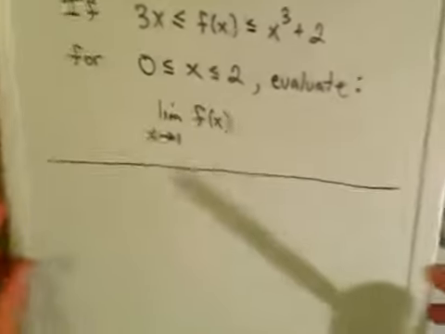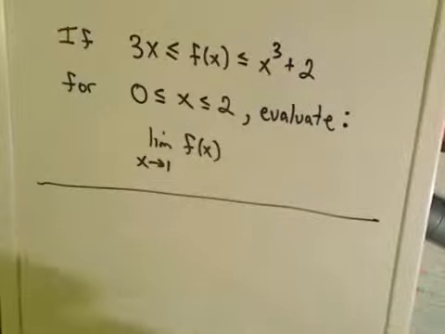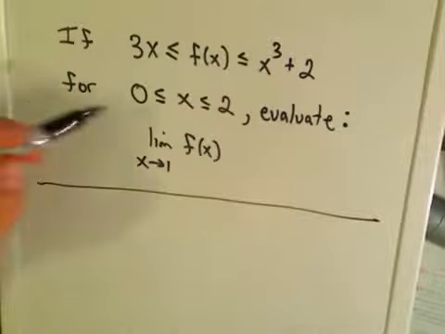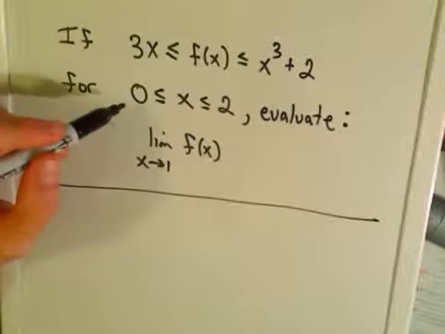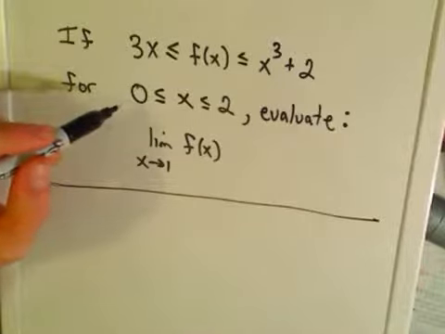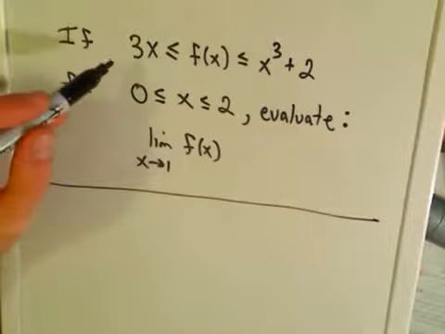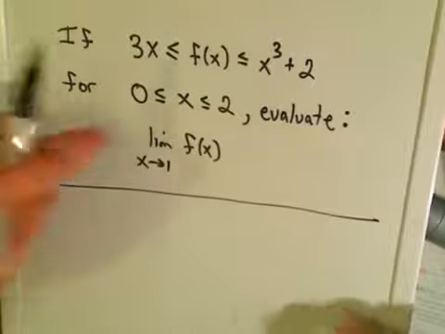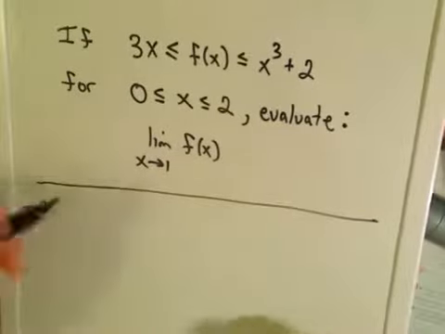So the first one here, it says f of x is greater than or equal to 3x, but it's less than or equal to x cubed plus 2, and we have the property that for all x between 0 and 2, this relationship holds, and then we want to evaluate the limit as x approaches 1 of f of x.